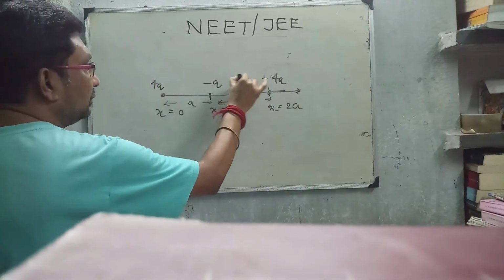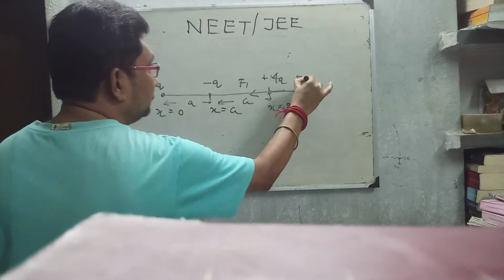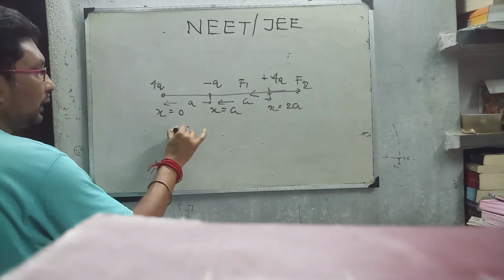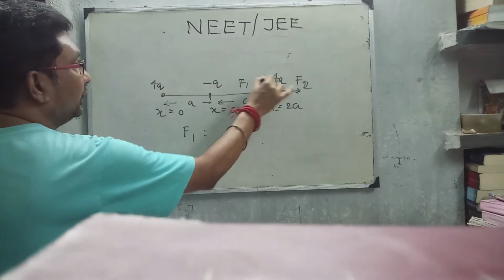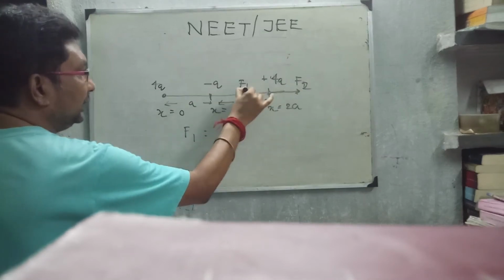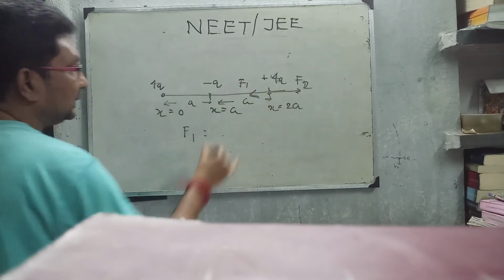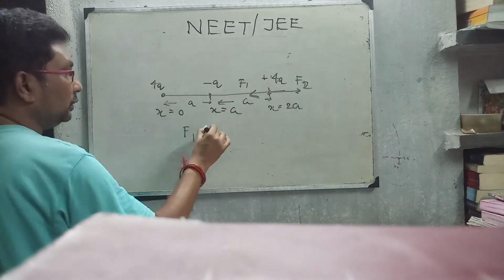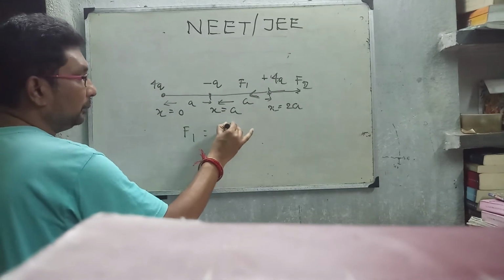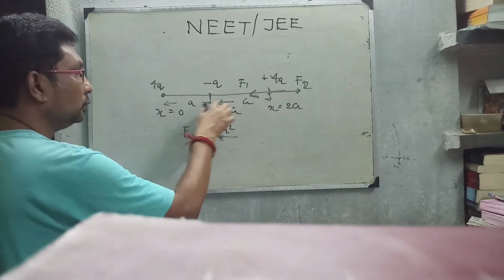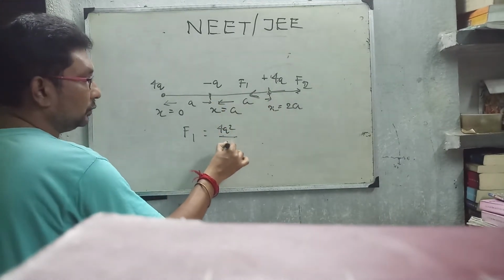This is F1, this is F2. F1 equals 4q into q, the minus showing the direction, plus 4q into 4q by distance square, which is 2a, square, into k.